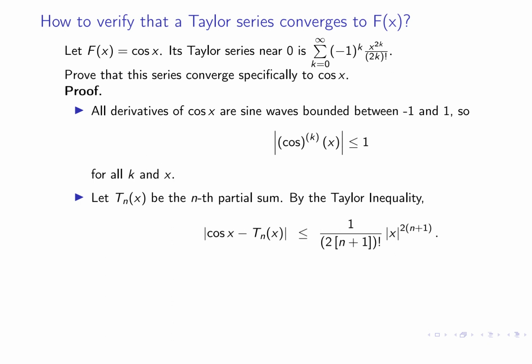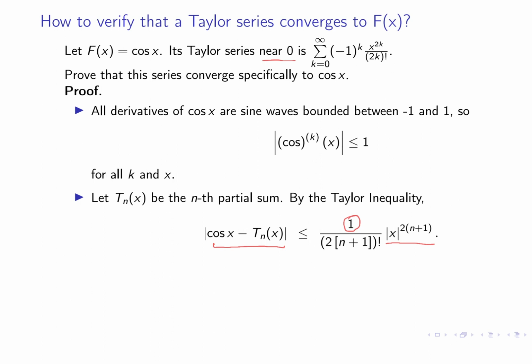So when you write the Taylor inequality, which measures the gap between cosine and the nth partial sum, the maximum of the n plus first derivative of cosine will be less or equal than 1. And the rest of the terms are familiar. This Taylor series is near 0, so you have the absolute value of x minus 0 raised to 2n plus 1, divided by 2n plus 1 factorial.